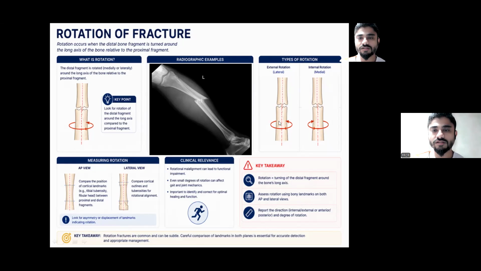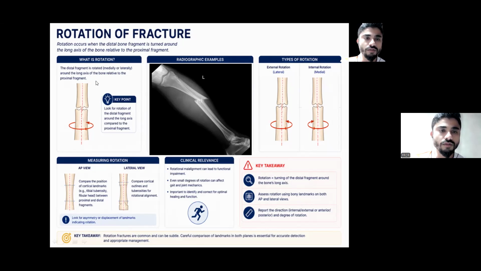If you can see, you need to have both the proximal joint and distal joint in the exposure in order to comment on the rotational fracture, whether it is external rotation or internal rotation. So this is external rotation. If the distal fractured bony segment has externally rotated, then you label it as external rotation. If it is internally rotated, then you label it as internal rotation.